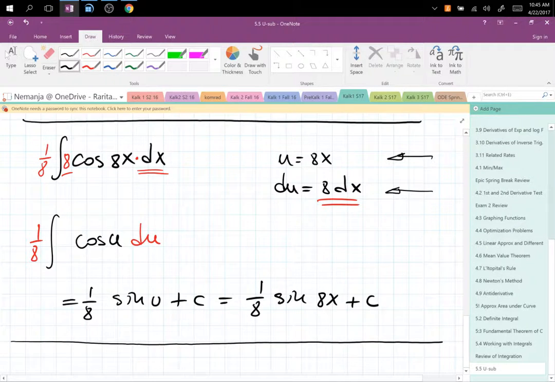Now, the most important thing to realize here is that you can only fix constants this way. You cannot fix if you're missing an x or cosine x. So only constants can be fixed this way. I'm going to write it in blood.